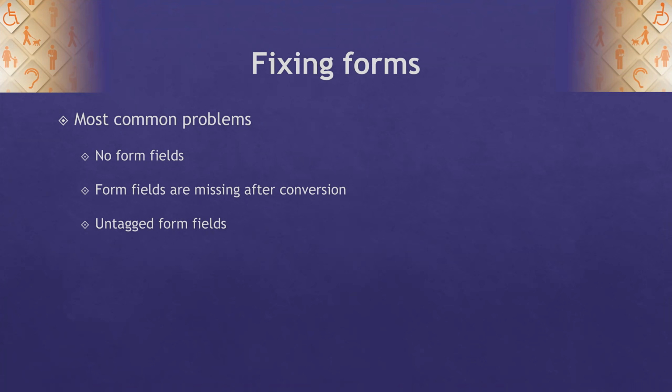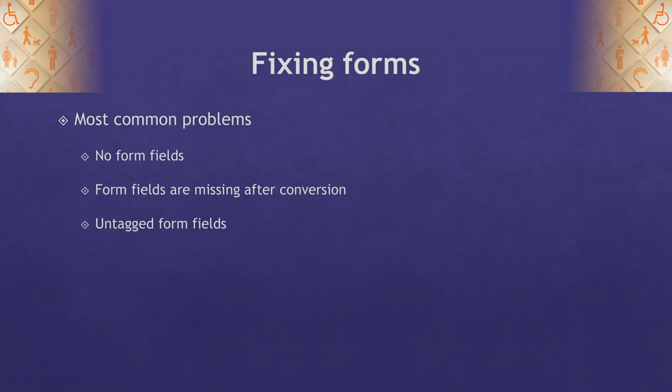So fixing forms, the most common problem is that there aren't any form fields. When you create forms, if you don't have your document set to tag annotations, it won't create a form field for the items. You have to go in and manually do that.